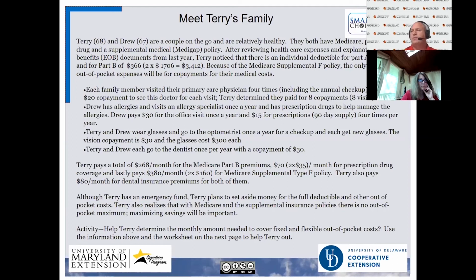After reviewing healthcare expenses and explanation of benefits documents from last year, Terry noticed that there is an individual deductible for Part A of $1,340 and for Part B of $366. If you combine those two figures, you're going to get $1,706, and you're going to multiply that by 2 because each one of them is paying for that individually.